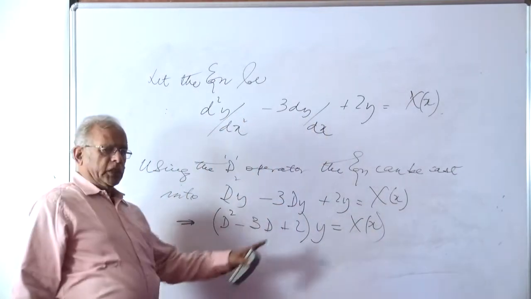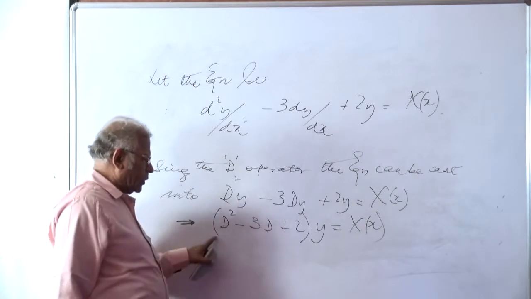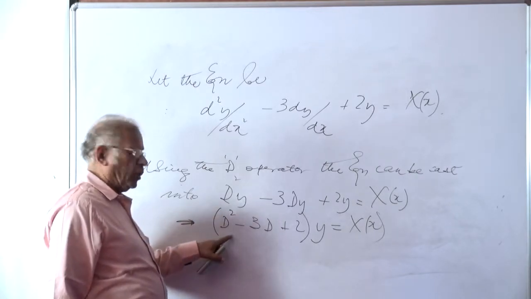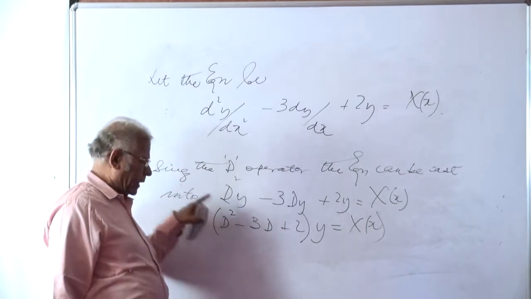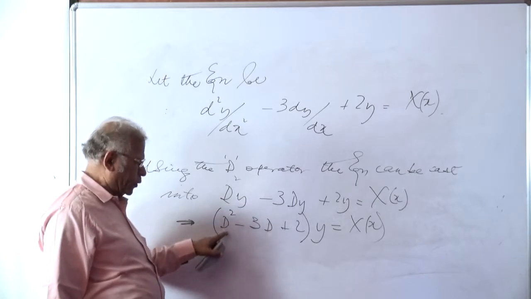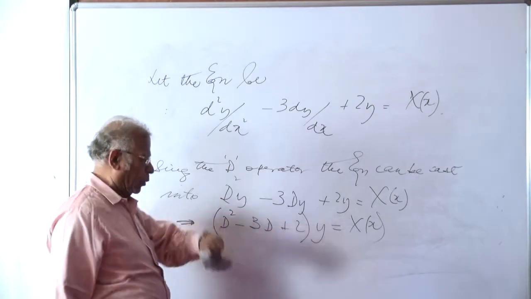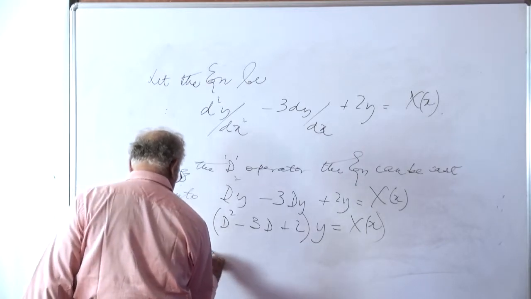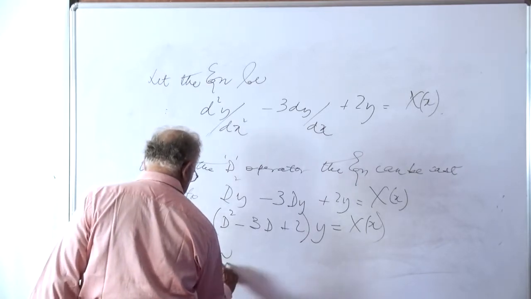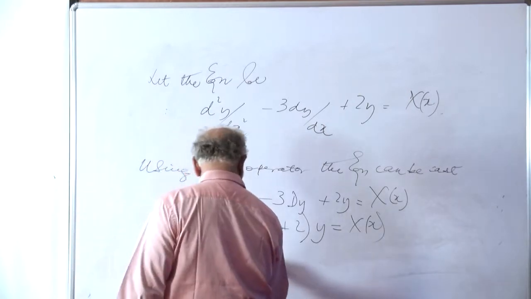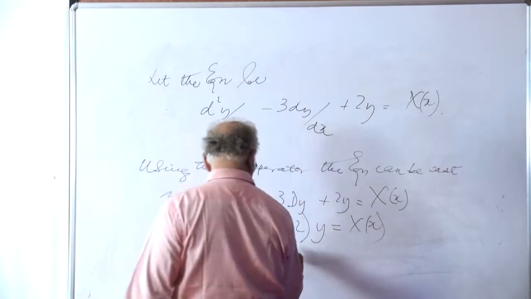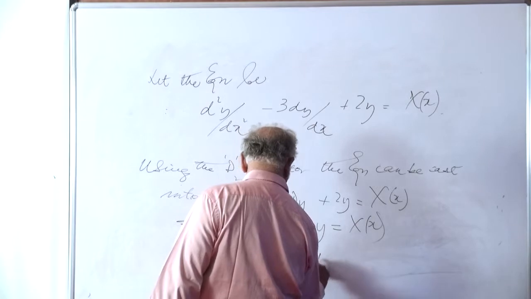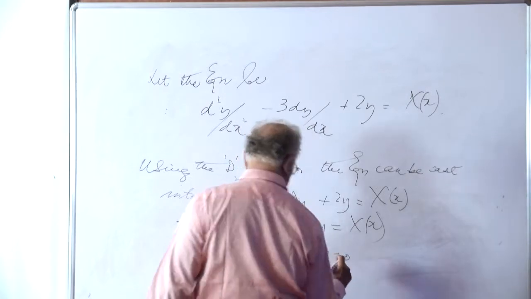Now once we write this in a simple way, the first step to the solution will be we get the auxiliary equation, and that by inspection turns out to be m square minus 3m plus 2 is equal to 0.